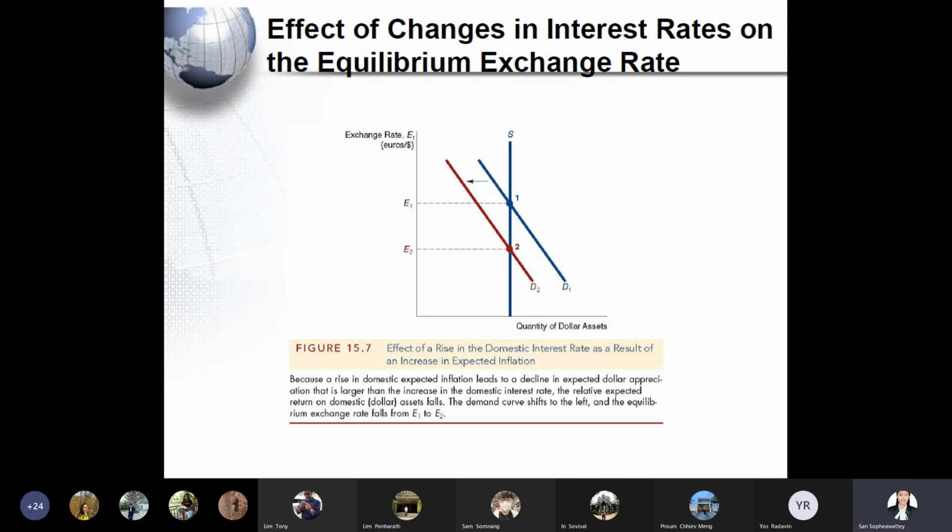And then the expected return on the US dollar asset is also decreasing, leading to a decrease in the exchange rate, because now we have an increase in inflation. An increase in inflation will increase the nominal interest rate in this case.